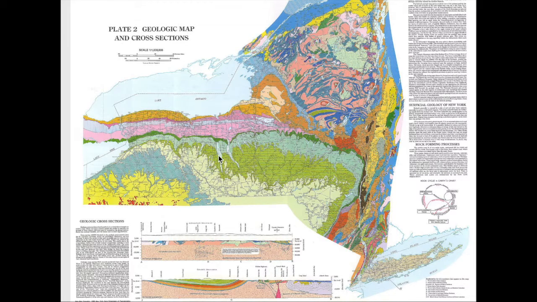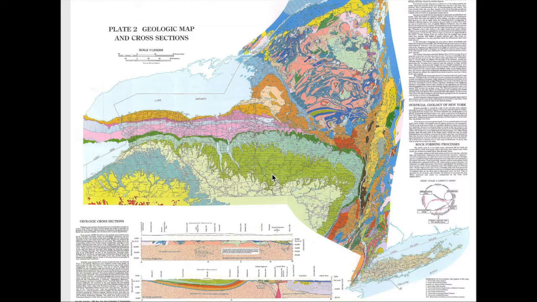So here we're looking at the state geological map of New York. There's this area here where, each color is a geologic unit, you have this area with huge, so this and this here, this is 40 miles.